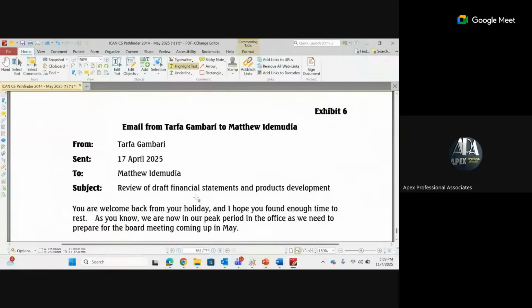Let's address these exhibits. You see, please write it down. This is the most important exhibit in your case study paper. I repeat, the most relevant exhibit in the whole of the exhibits, in the unseen and preseen exhibits taken together.